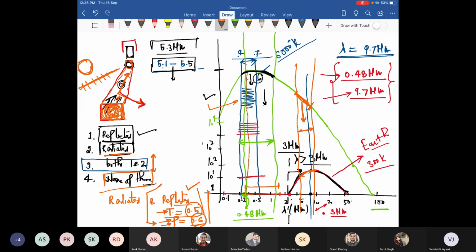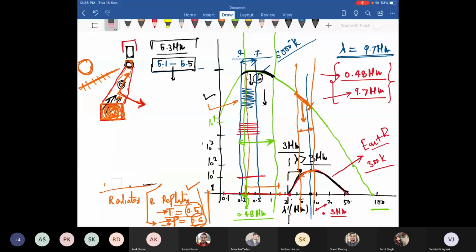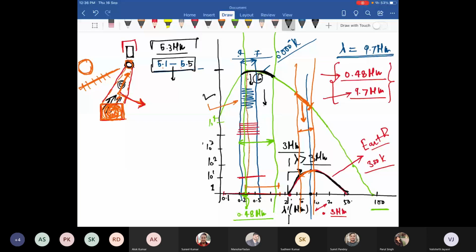Just see. I will further clarify your point. EI is the incident energy, okay, and here we have the radiated plus absorbed.